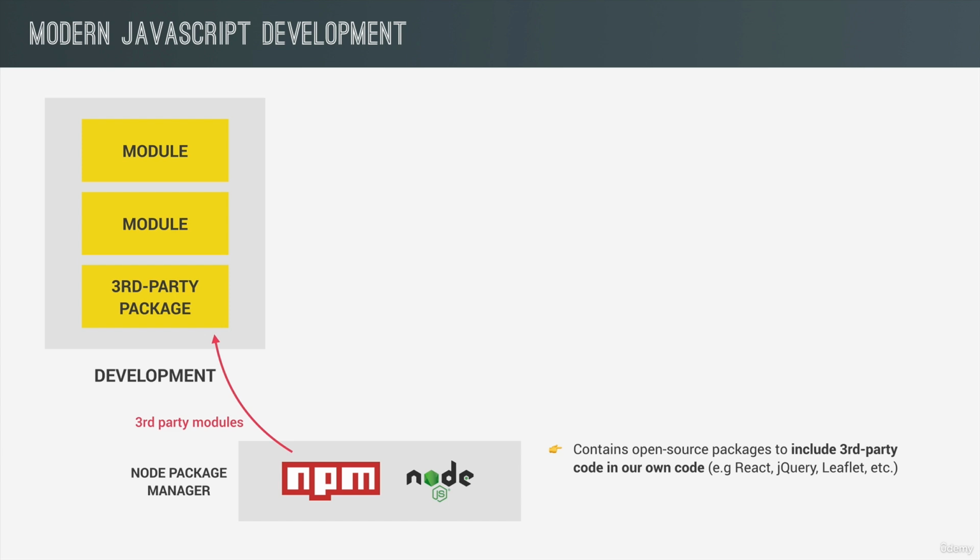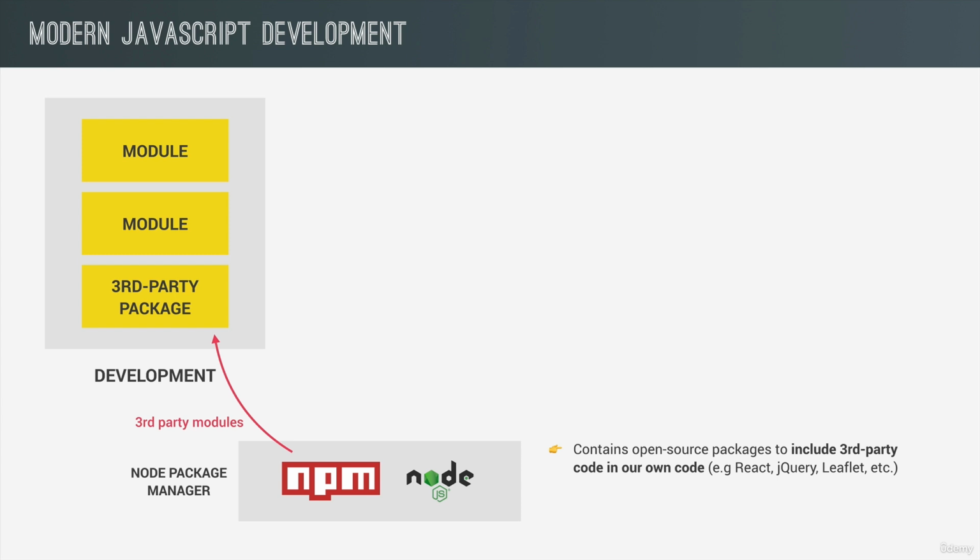Now, npm stands for Node Package Manager because it was originally developed together with Node.js and for Node.js. However, npm has established itself as the go-to repository for all kinds of packages in modern JavaScript development.